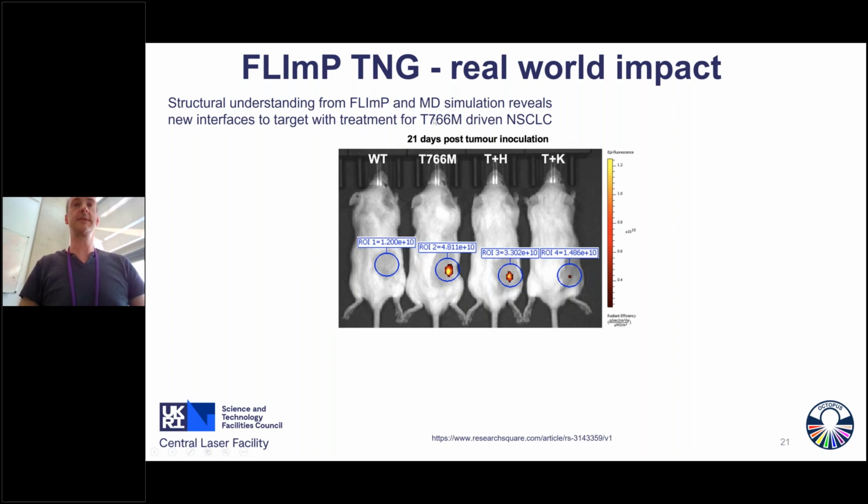So these are interfaces that are critical in how that seems to do its work. So we got an understanding of how that likes to assemble oligomers and how we might interfere with that.